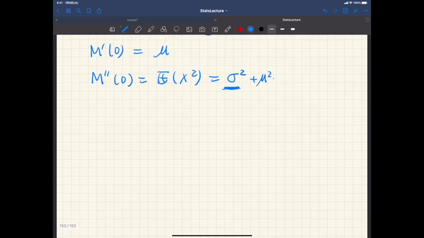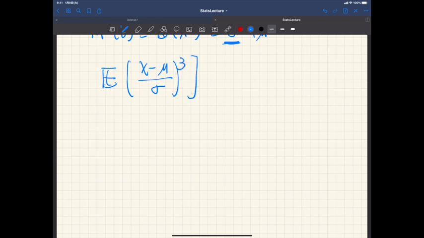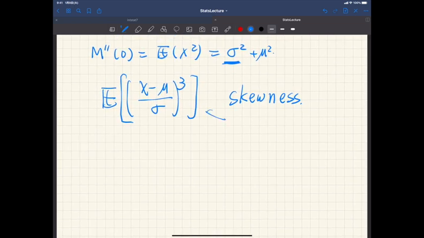And you should also try to calculate this quantity, the expectation of x minus mu over sigma cubed. What was this called? Just called skewness, right? But if you examine the symmetry of the normal distribution, it's immediate. What is the value? It should be 0 because it's symmetric around the mean.